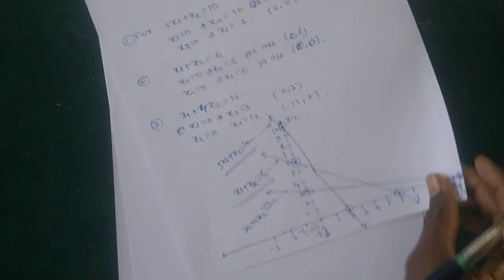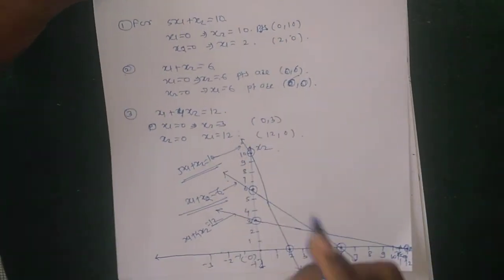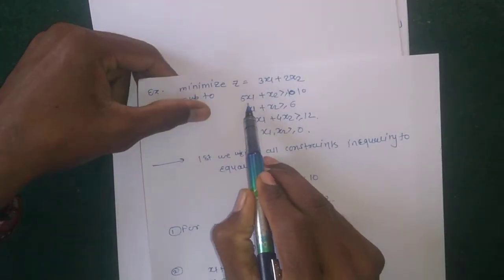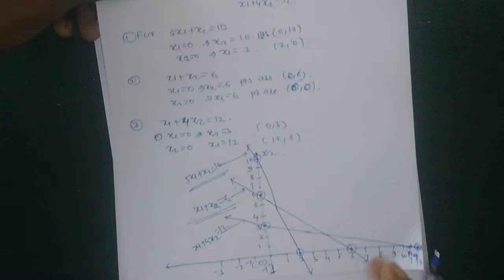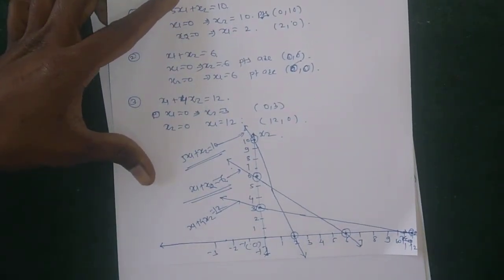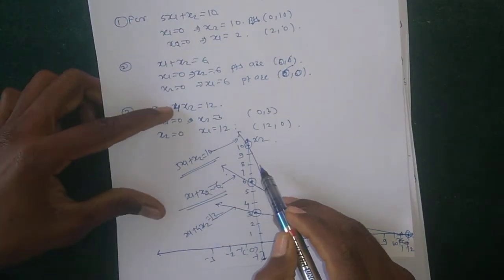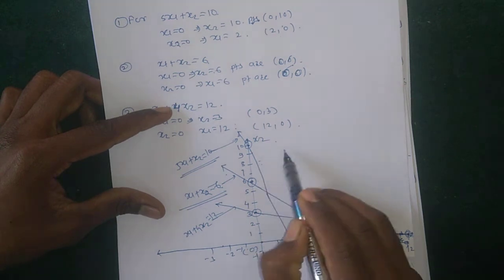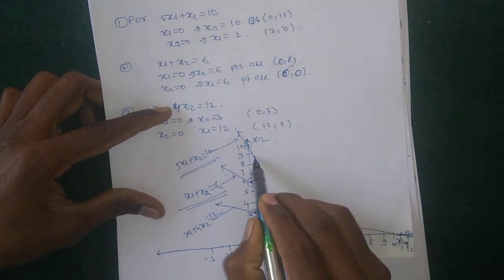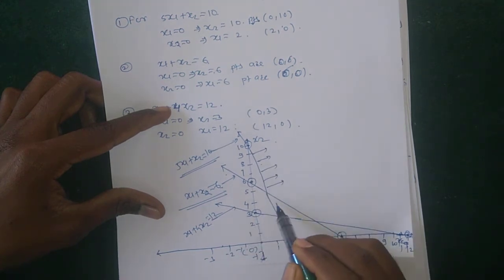In this way, the feasible region is an unbounded region, because all constraints are greater than or equal. The first constraint is 5x1 plus x2 greater than or equal to 10, which means the region is greater than or equal to this line, the upper side of this line.